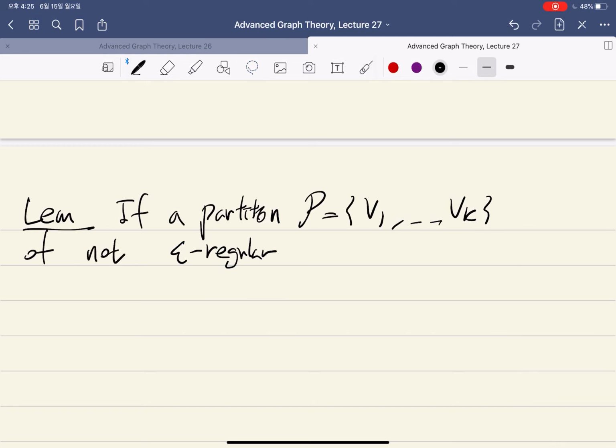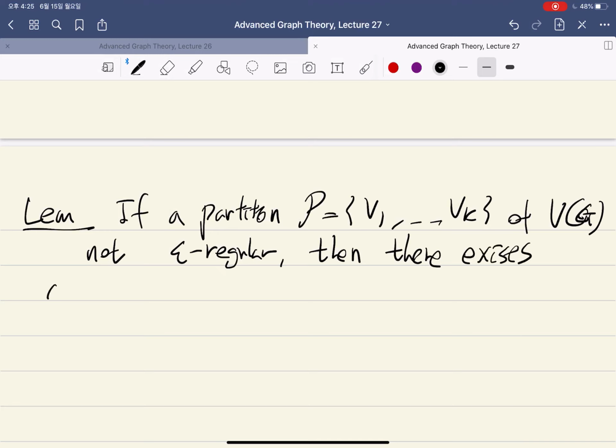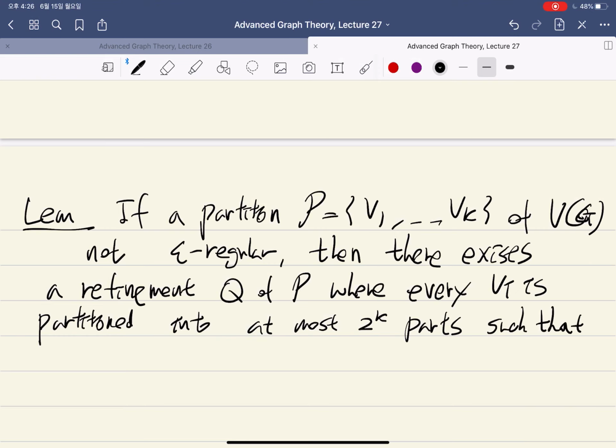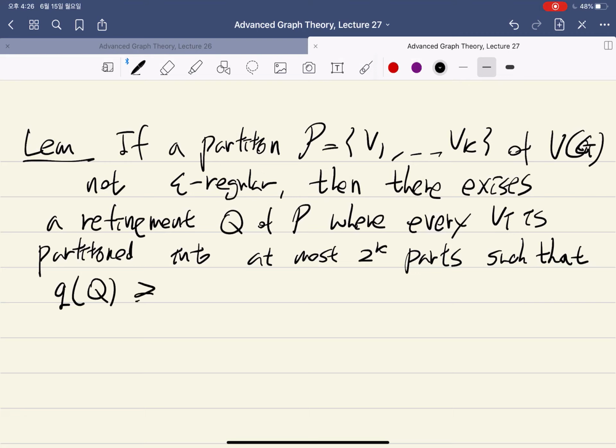If a partition P of the vertex set of graph G is not epsilon regular, then there exists a refinement Q of P where every Pi is further partitioned into at most 2 to the k parts, such that the energy increased by at least epsilon to the 5.